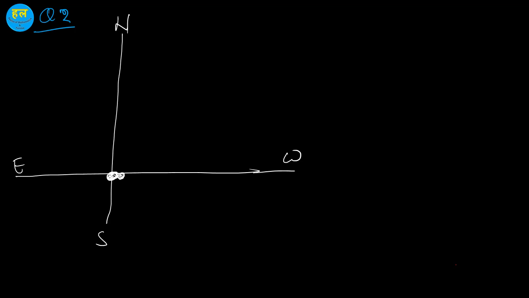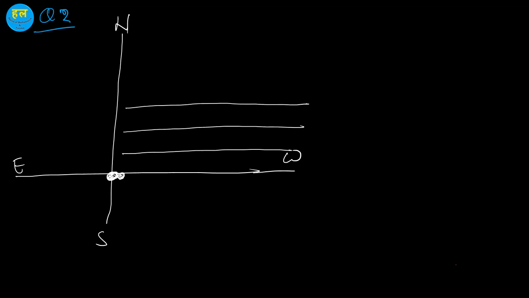Now, all the other streets of the city run parallel to these roads and are 200 meters apart. That means all the other streets are parallel to these roads. That means this is one road, this is two road, this is three road. All these are parallel and are 200 meters apart. Okay, and there are 5 streets in each direction. So 1, 2, 3, 4 and 5.